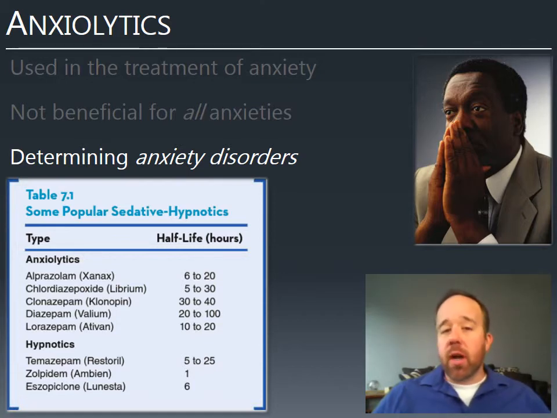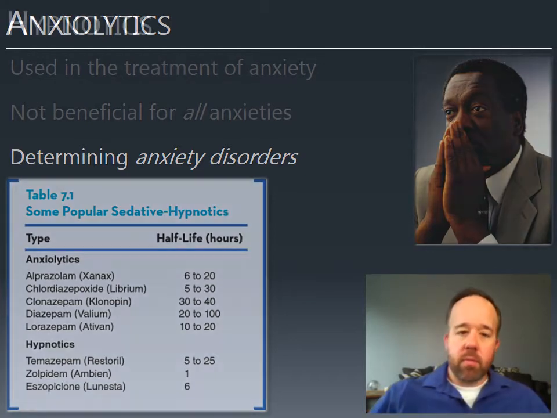And that's an open question. It actually relates to our discussion this week. But that is one of the difficulties, is how many criteria a person has to qualify for in order to get a prescription for one of these anxiolytics.